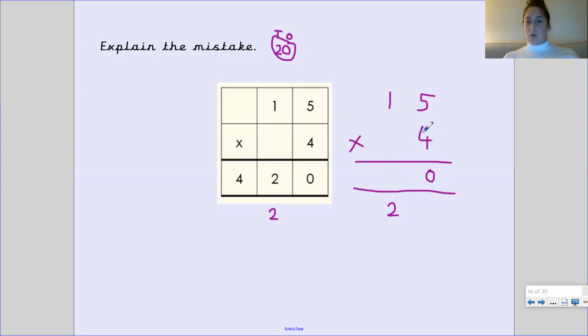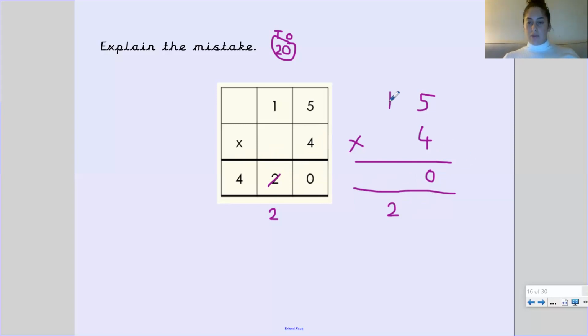So I have got one lot of 4. 4 times 10 equals 4 tens, plus another 2 tens. So they've done the same here, but they've accidentally written it in the hundreds column rather than writing it in the tens column, because instead of exchanging underneath the tens column, they've exchanged into the tens column.